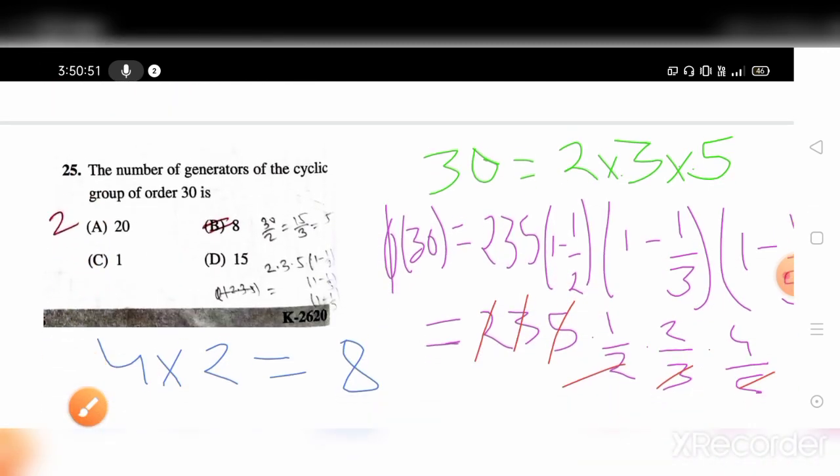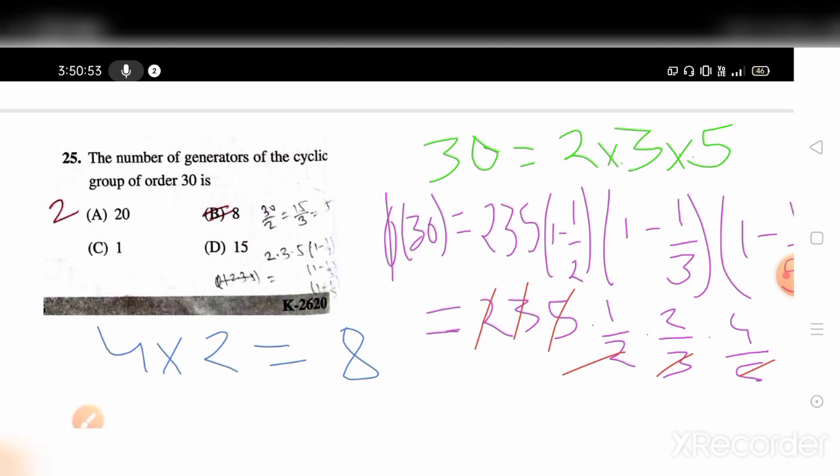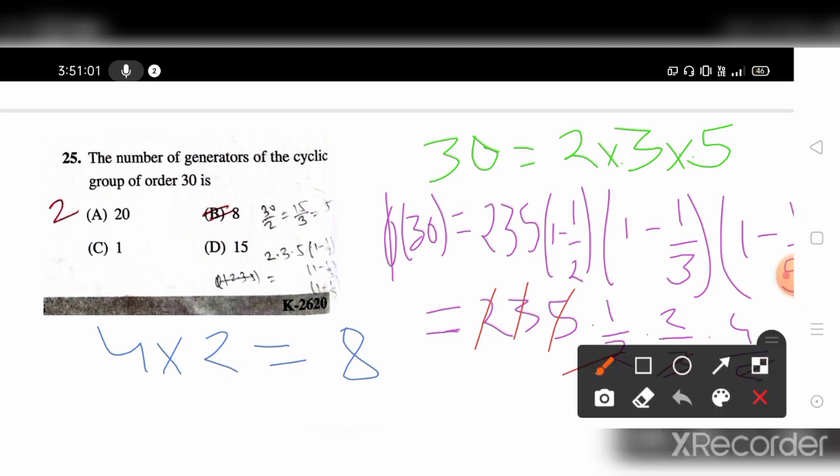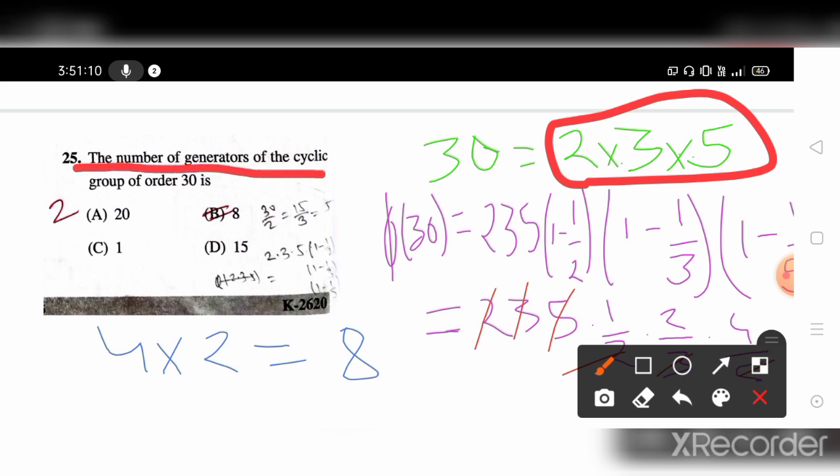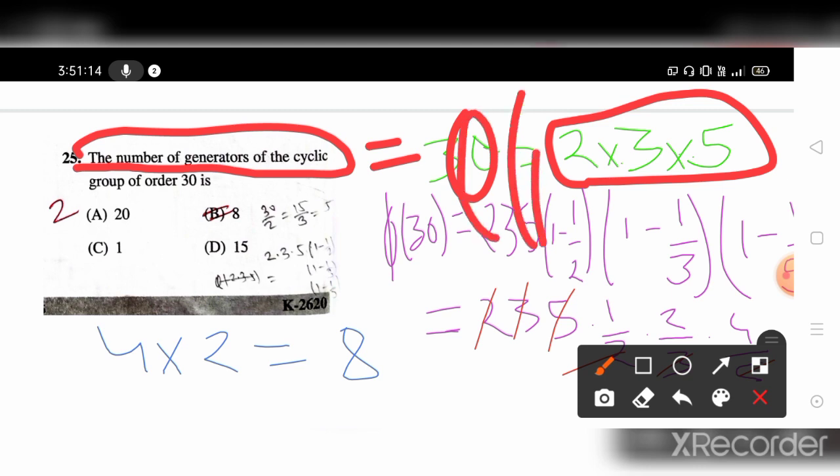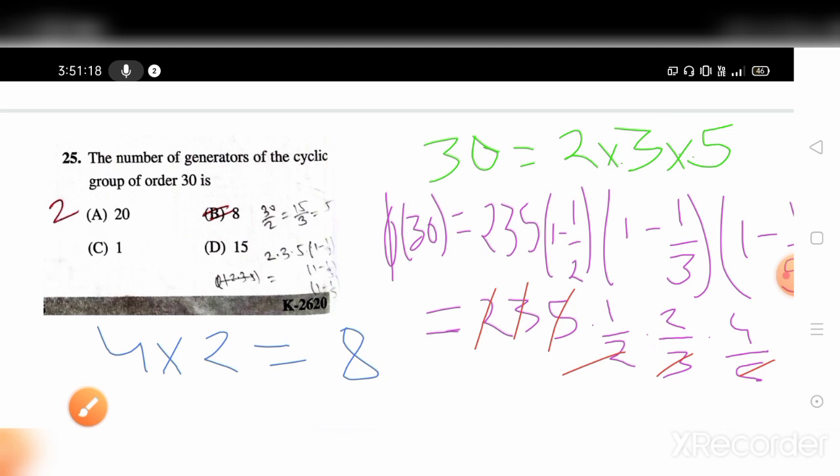Next question. The number of generators of the cyclic group of order 30. Here the order of G is given as 30, that is written as 2 into 3 into 5. The number of generators of a cyclic group is equal to phi of n. What is phi? The Euler phi function.